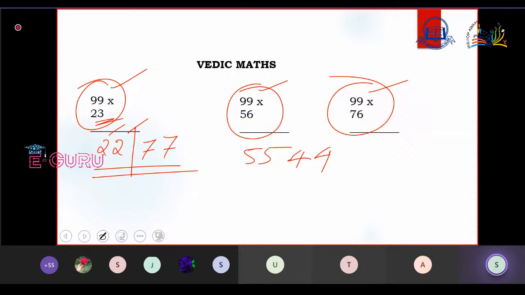So our answer will be 5544. Another question. We are multiplying with 76. So 1 less than 76 means 75. Now 9 minus 7 is 2 and 9 minus 6 is 3. Right? Sorry, 9 minus 5. It is 4, right?